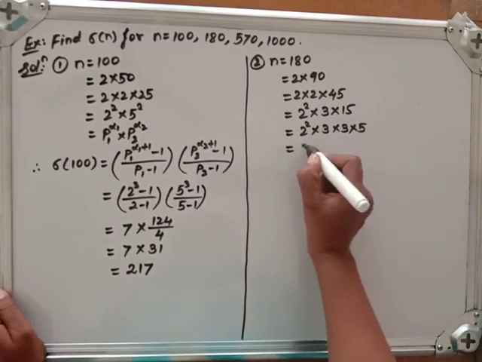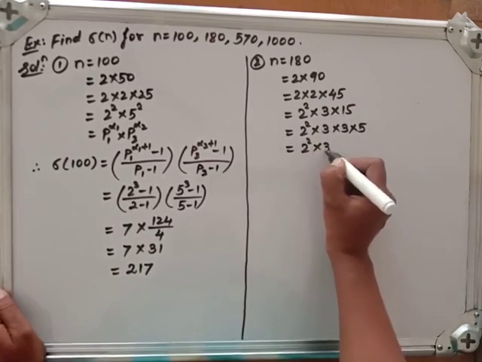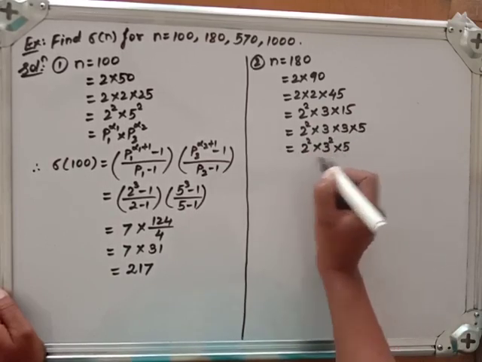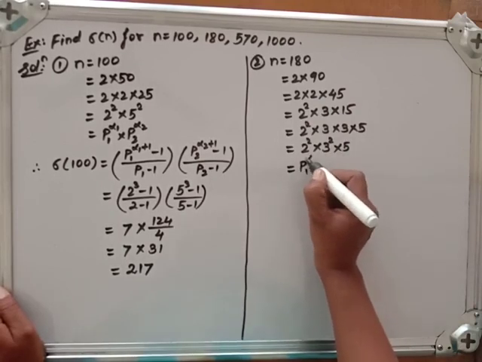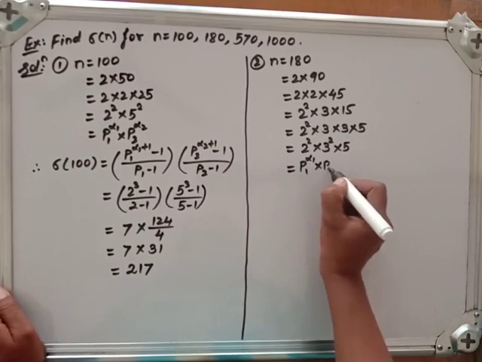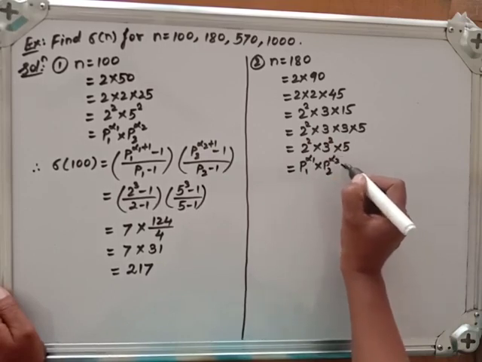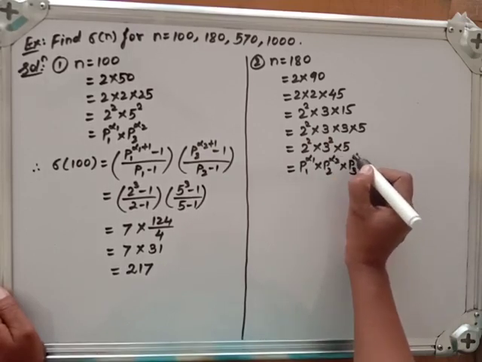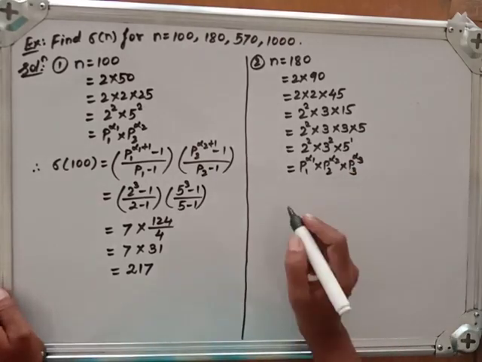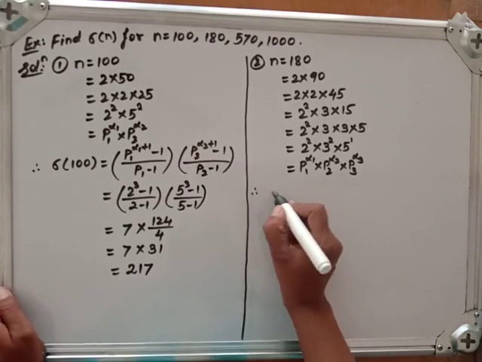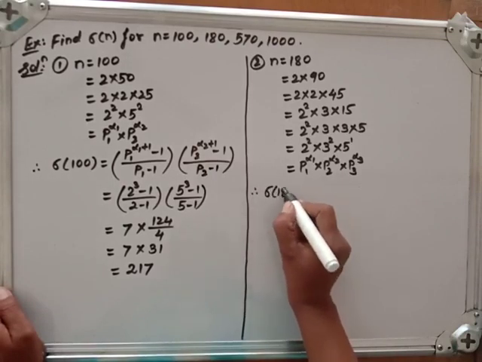So this is 2 square into 3 square into 5. So compare it with p1 raised to alpha 1 into p2 raised to alpha 2 into p3 raised to alpha 3. Alpha 3 will be 1 here.